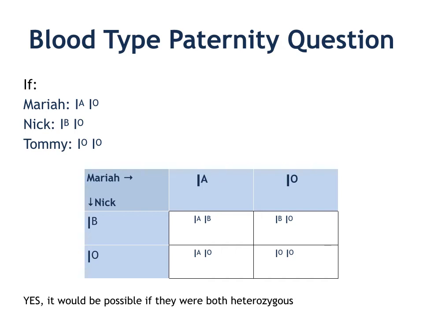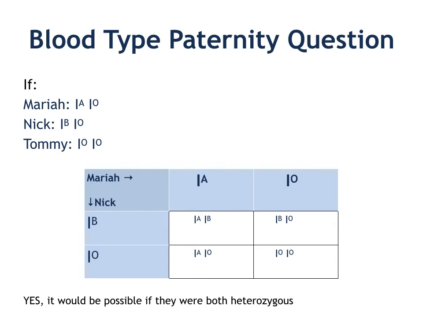If Mariah's gamete is IO and that unites with a gamete from Nick that was IB, then the resultant baby would be IBIO genotype, which would be type B blood.